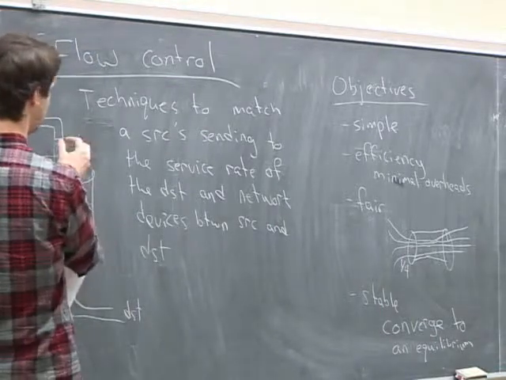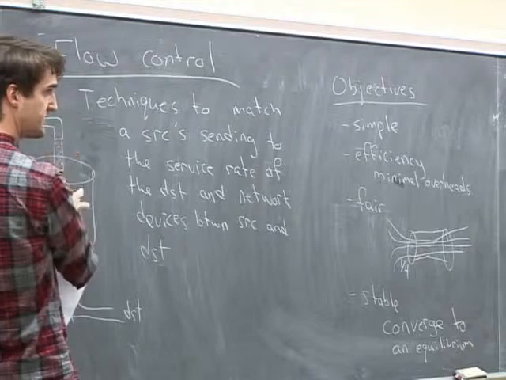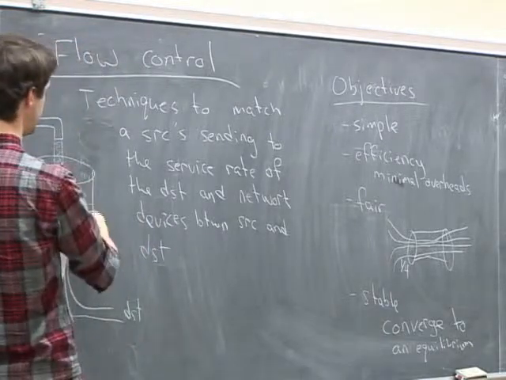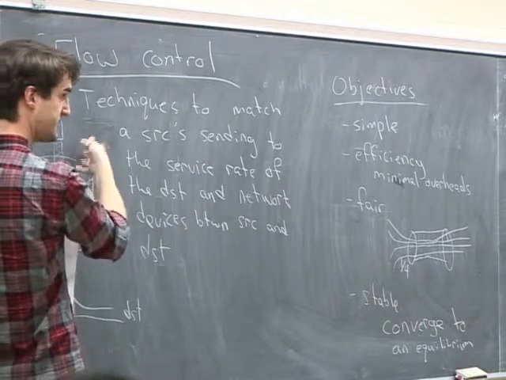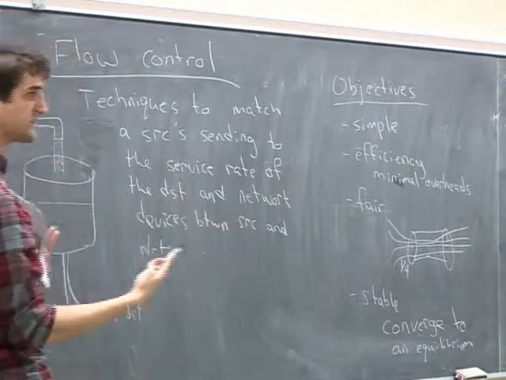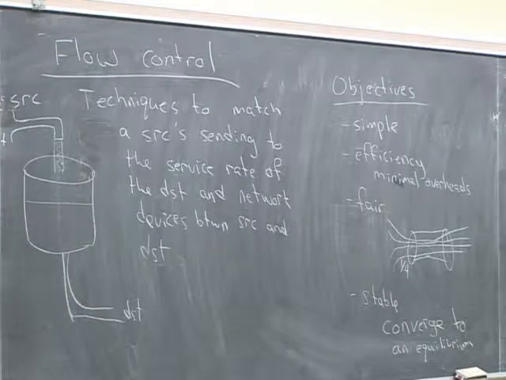It should be able to find a good rate and just send at that rate. And then if we do introduce a change into the system, like another user comes in and starts adding water to this bucket, then they should both converge to a new solution fairly quickly, all right?